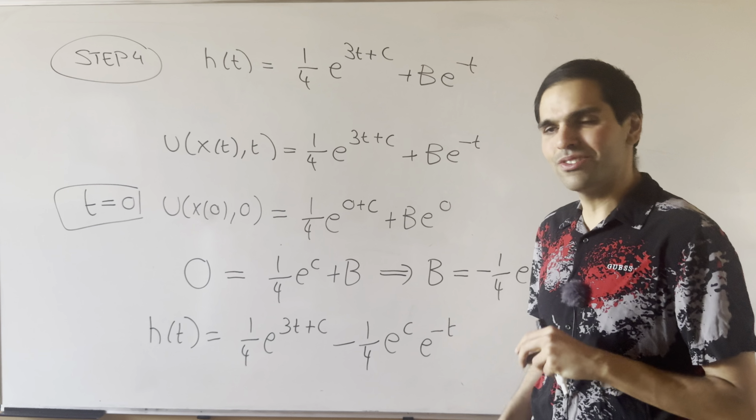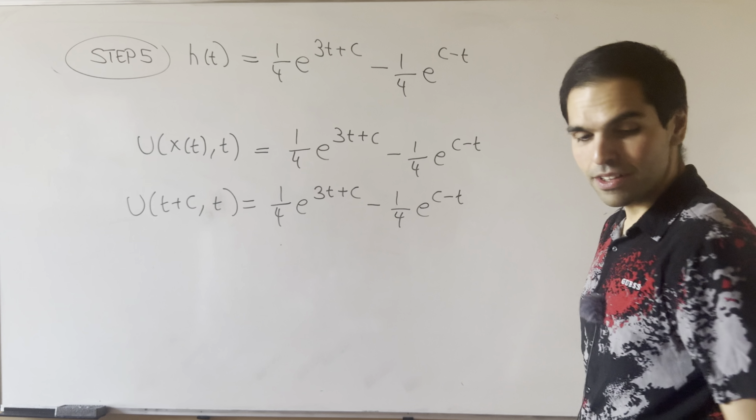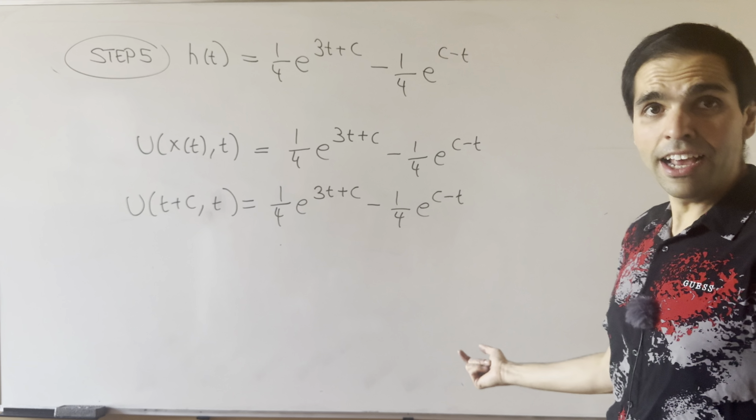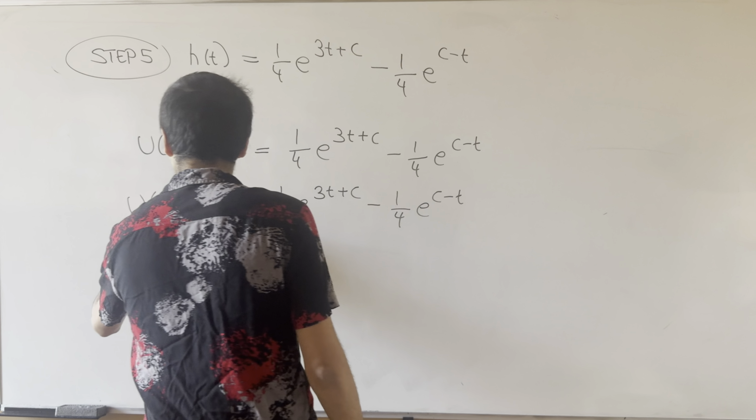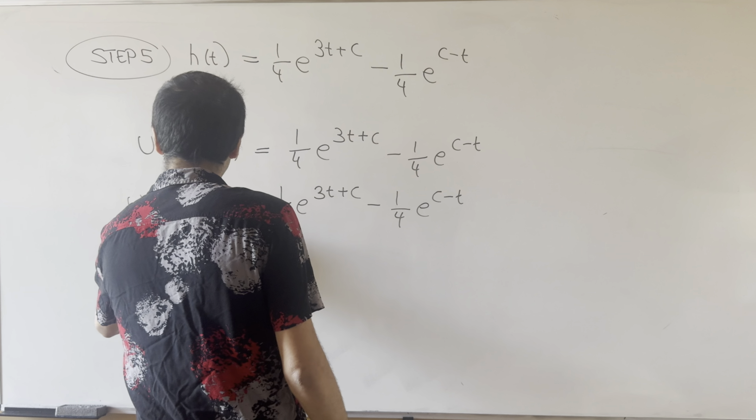And lastly, remember that x is just t plus c. So u of t plus c comma t is 1/4 e to the 3t plus c minus 1/4 e to the c minus t. And the final step is simply letting this be x, because we want u of x,t, and solving for c, or at least, solving for c in terms of x and t.